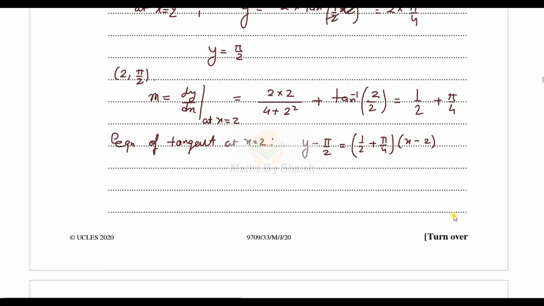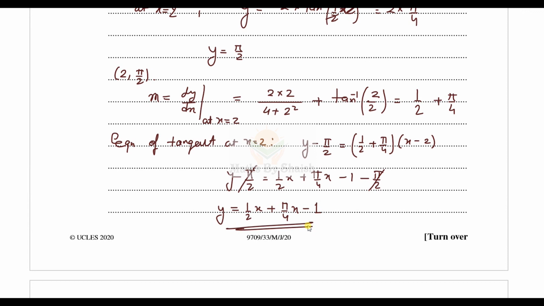It is y minus pi by 2 is equal to half x plus pi over 4 x, minus 1 by 2 into 2, which is 1, and pi by 4 into 2, which is minus pi by 2. So we can see these two got cancelled, and we got y is equal to half x plus pi by 4 x minus 1. So this is the equation of the tangent to the curve at x is equal to 2.